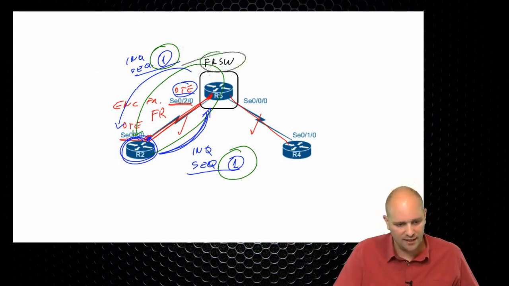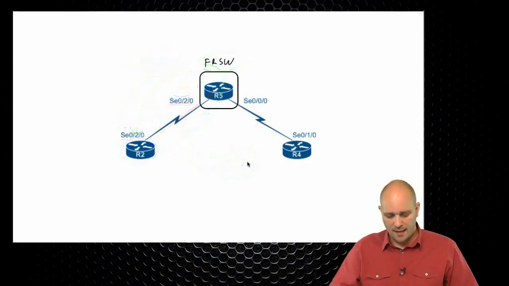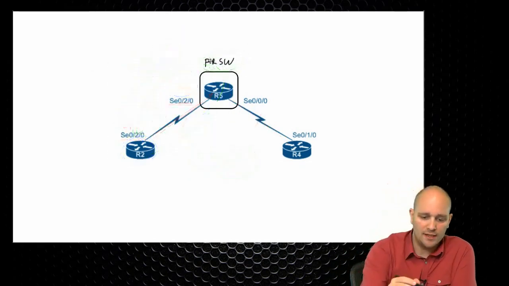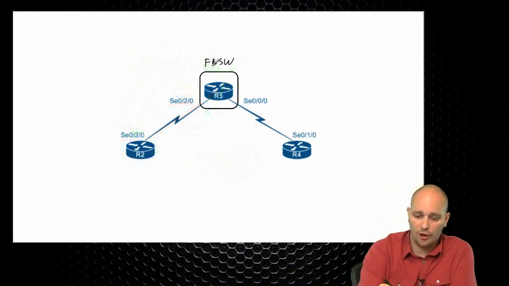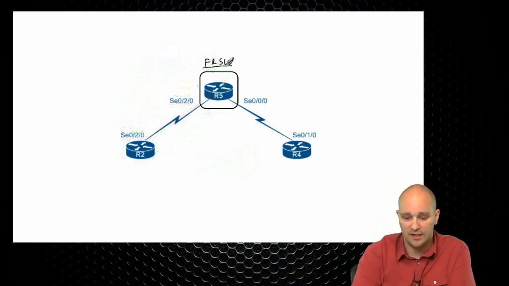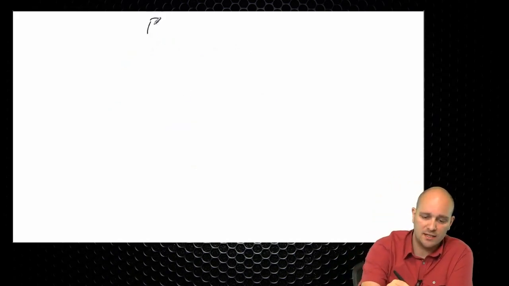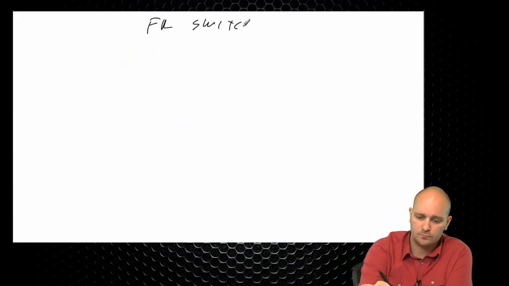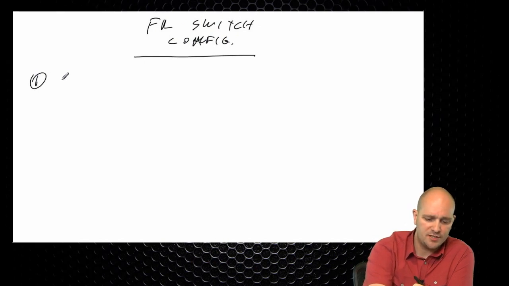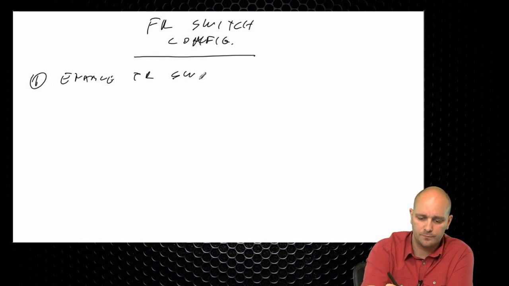So I'm going to again create a copy of this page. Now what we need to do is configure our R5 as the frame relay switch. The configuration for that is very, very simple. So let's say just frame relay switch configuration. These are the steps. First, enable frame relay switching globally.